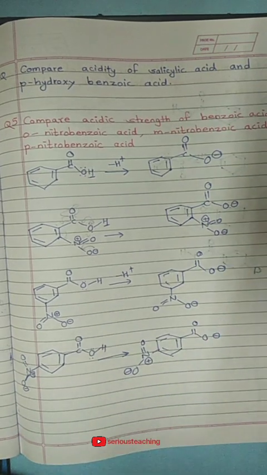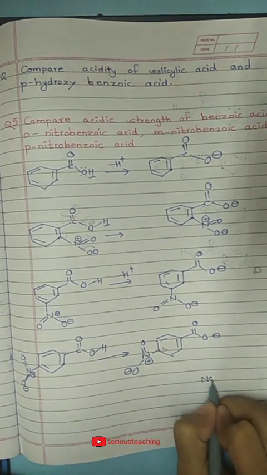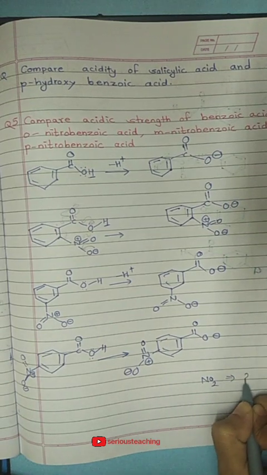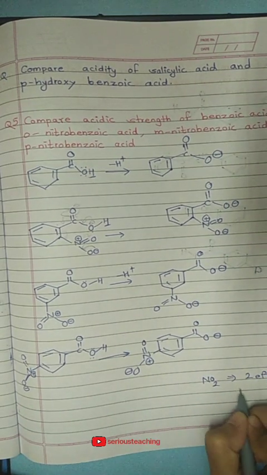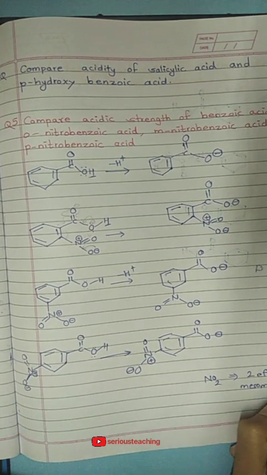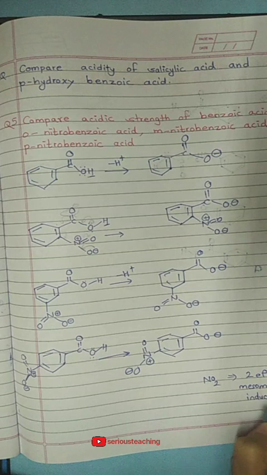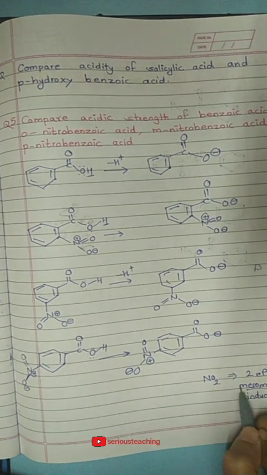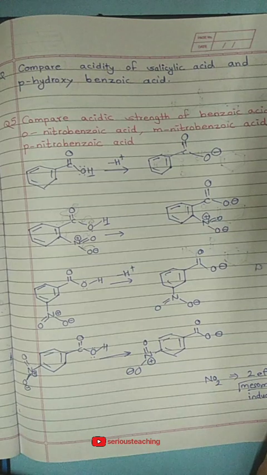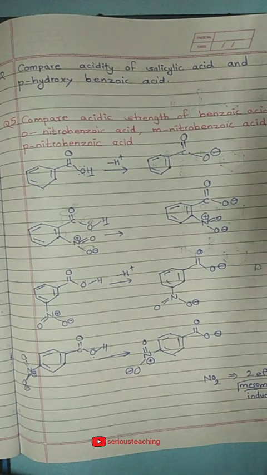So now when we compare these, first of all, we know that the nitro group is showing two effects. Which are those effects? The first effect is the mesomeric effect and the second effect is the inductive effect. And we know whenever there is a possibility of mesomeric effect, we take that as the prominent effect and give priority to the mesomeric effect.